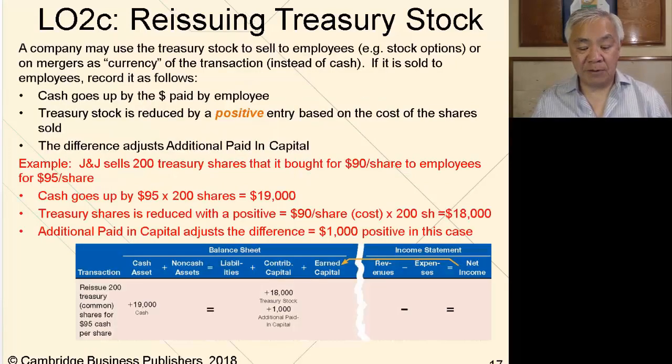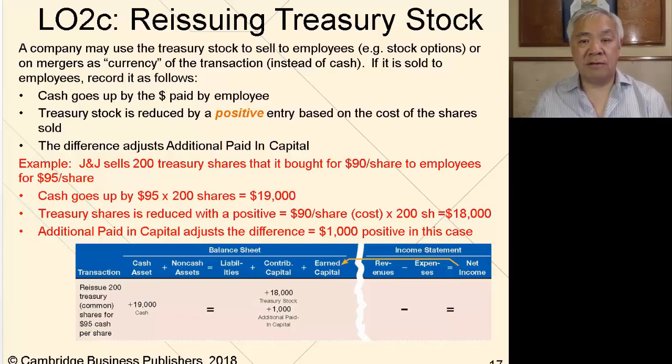So again, let's look at an example. If J&J sells 200 shares that were bought previously for 90 and it's currently selling it for 95. So cash goes up by what the employees paid, $95 per share, times 200 shares, or $19,000. The shares are reduced in Treasury by the amount of the cost.